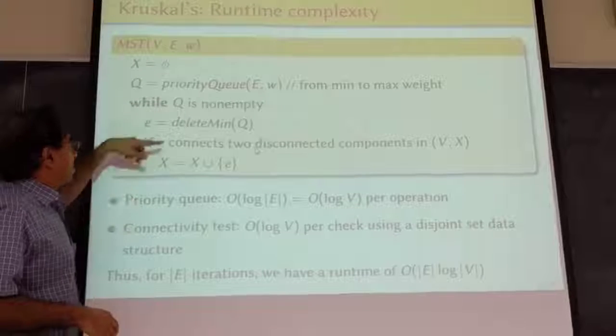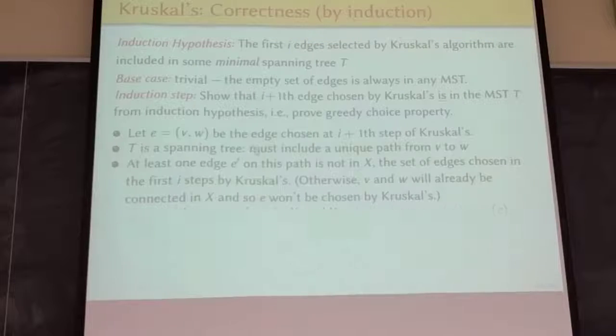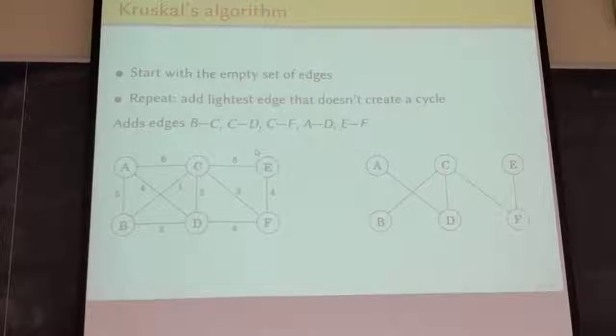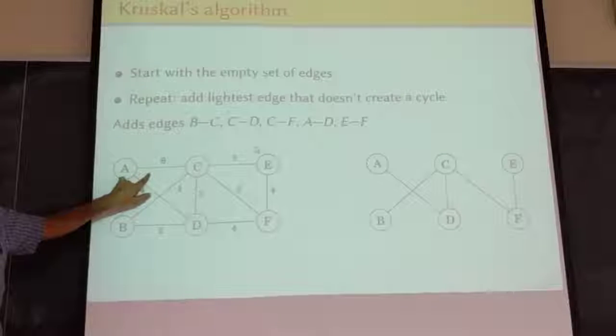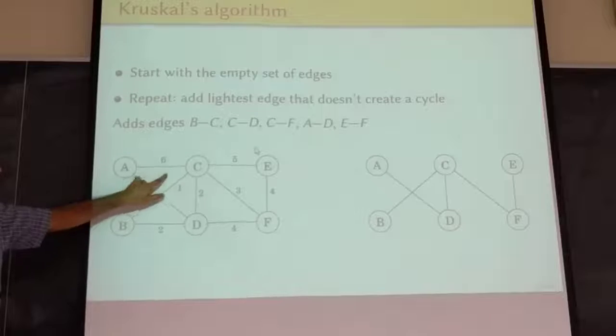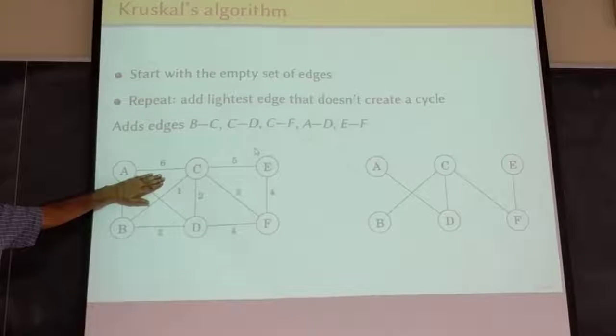So, naturally, going back to the example, let's say these two edges were not there. Then the spanning tree requires that edge to be added, which means that the highest cost edge needs to be added in order to get the spanning tree.